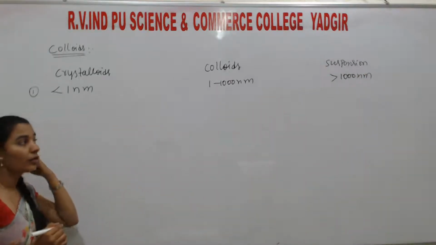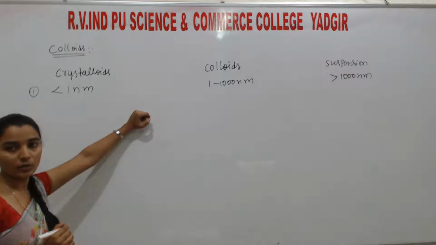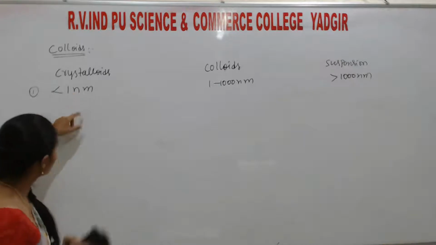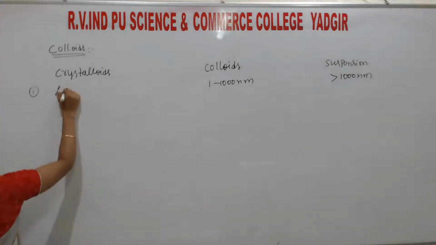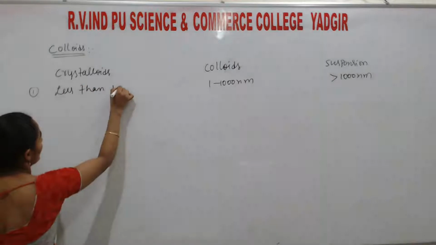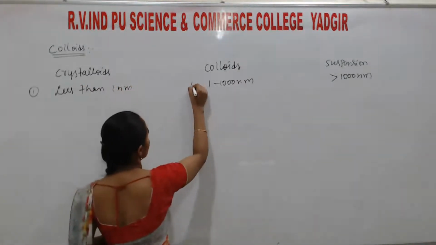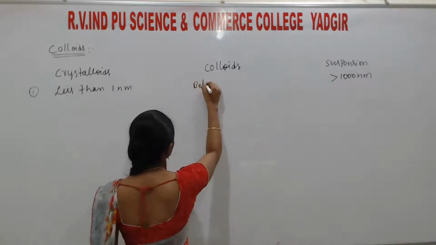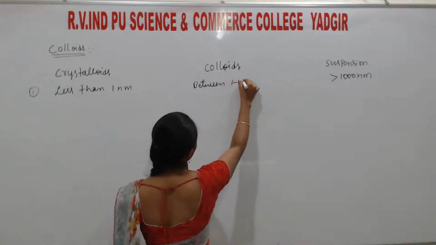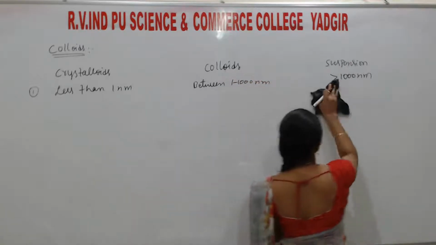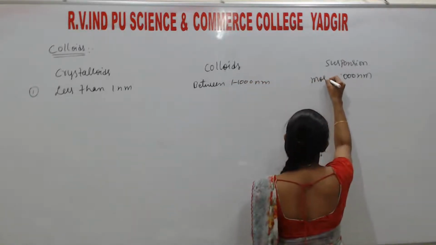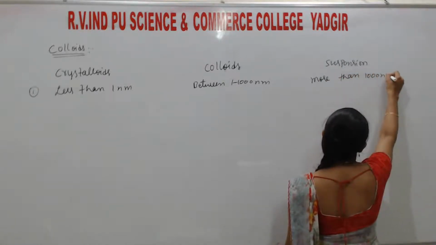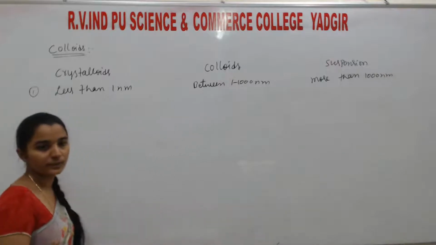If you have doubt, don't understand, write completely: less than 1 nanometer, between 1 to 1000 nanometer, more than 1000 nanometer. That is the first difference.